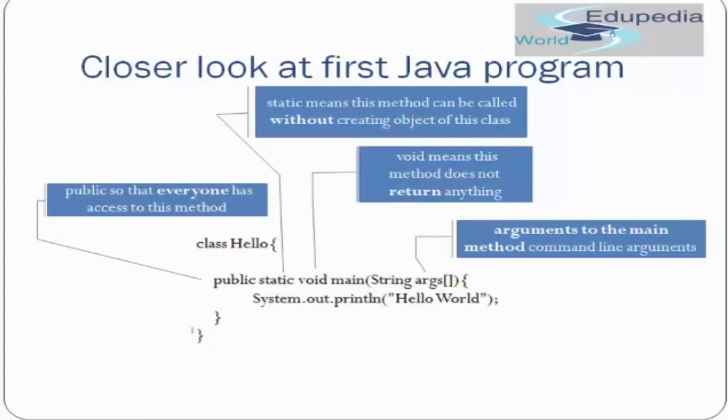The syntax of that main function is public static void main, and as the argument we pass String args. The syntax has to remain as it is. You cannot modify the syntax for main. In the same way, you cannot modify the main function declaration of C or C++. You cannot do it even in Java. It has to be as it is.